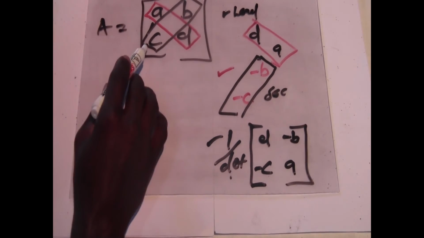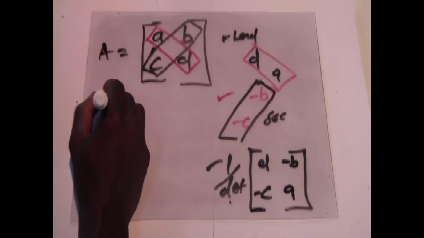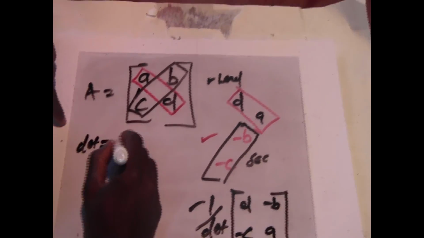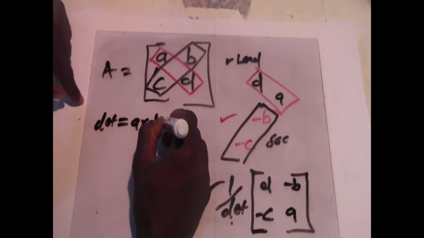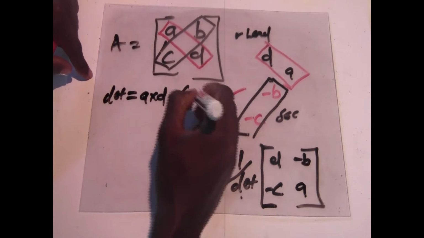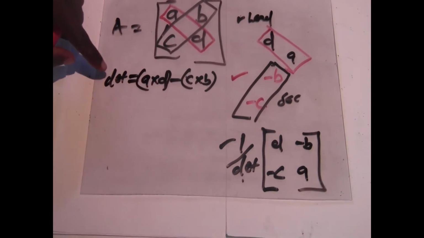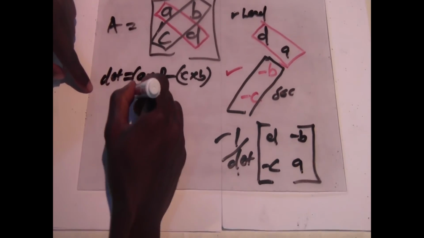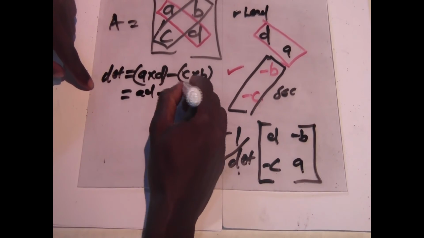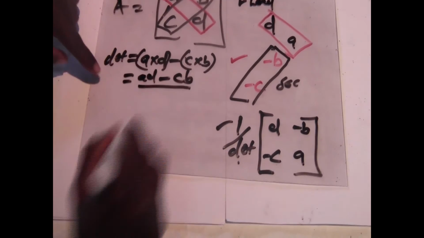So for instance, the determinant of this matrix is A multiplied by D minus C multiplied by B, the product of the leading diagonal subtracted by the product of the secondary diagonal. So this will be AD minus CB. This is our determinant.